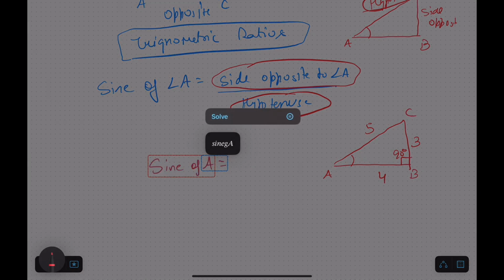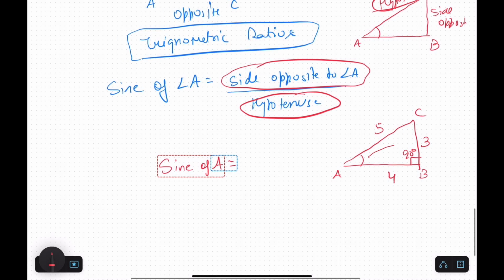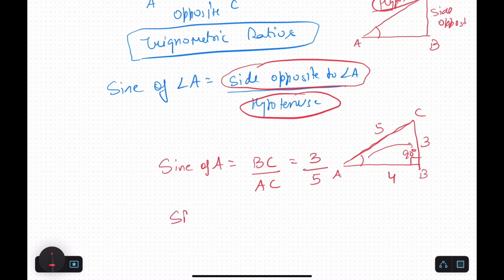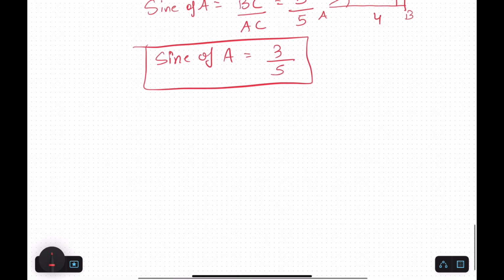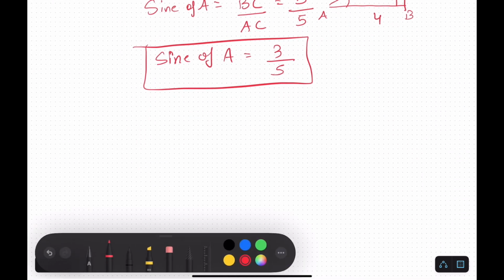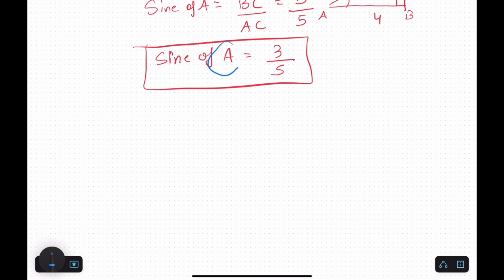Sine A would be the opposite side, BC, upon the hypotenuse, AC. BC's value is 3 and AC's value is 5. So sine of A is 3 by 5. What I explained to you previously is that trigonometry, using the angle, tells you the ratio of the sides. Here, the angle is giving you the ratio of the sides.